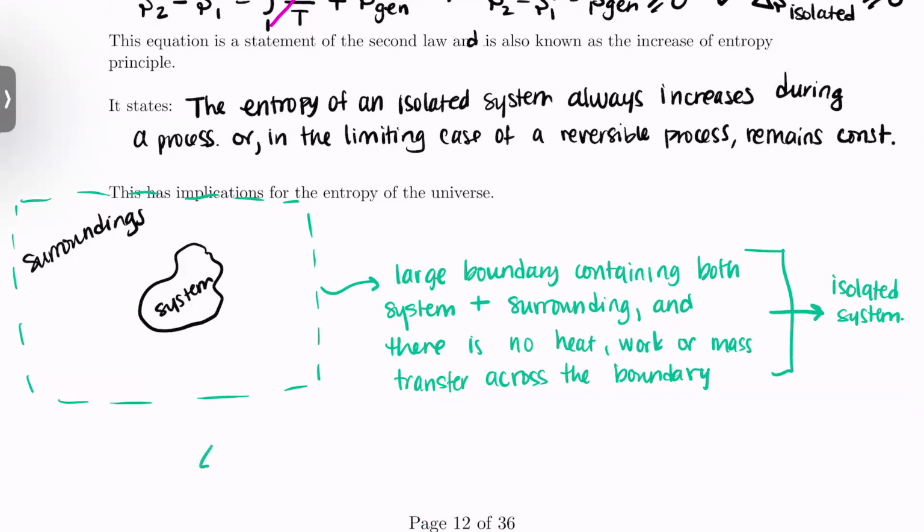So that means that the change in entropy of the system plus the change in entropy of the surroundings has to be greater than or equal to 0.